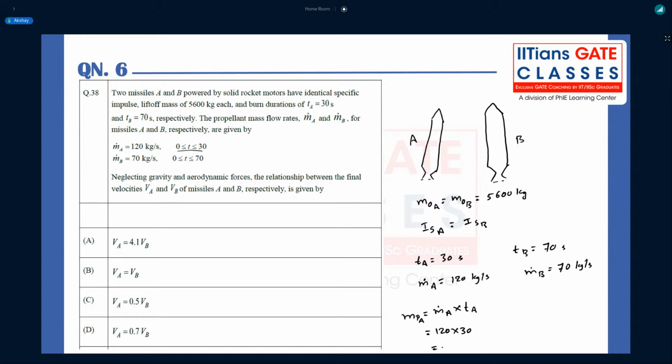So that is going to be 3,600 kg of fuel which it is carrying.